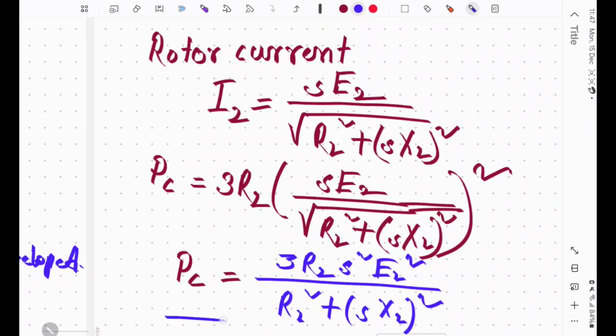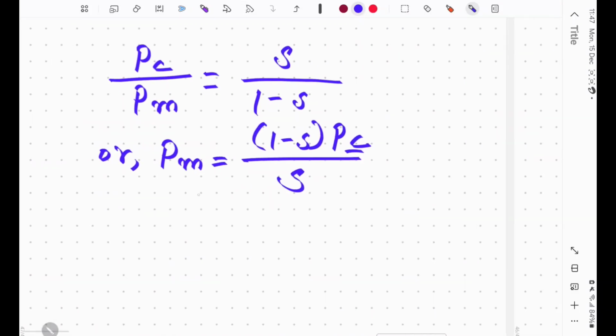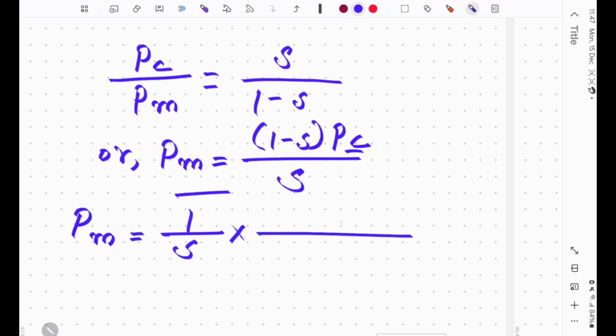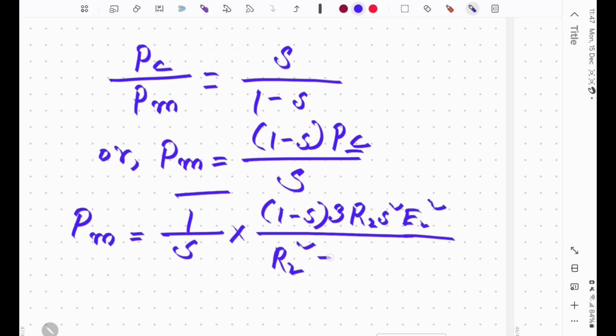If we put this value of Pc in this equation, we can write Pm is equal to 1 by s into 1 minus s into 3 R2 s square E2 square by R2 square plus sx2 whole square.